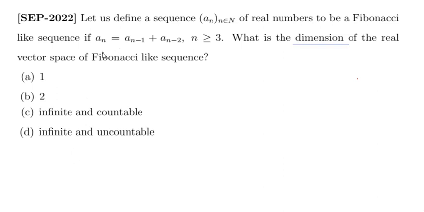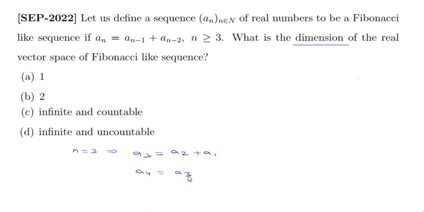The first term we get is when n is equal to 3, so a3 equals a2 plus a1, where a1 is the first term of the sequence and a2 is the second term. The third term is a3 equals a2 plus a1.